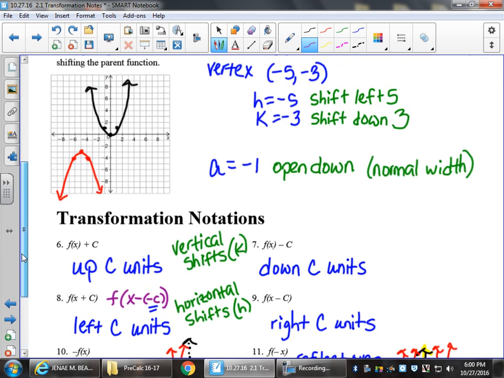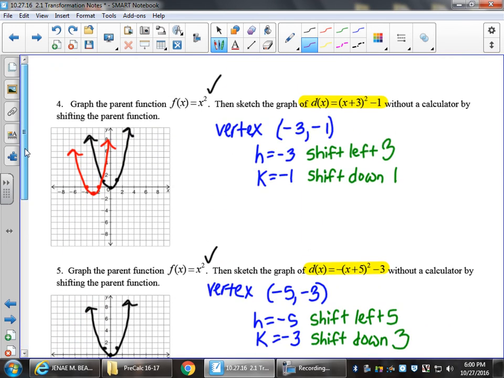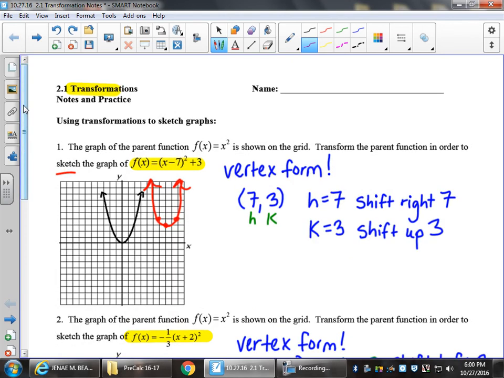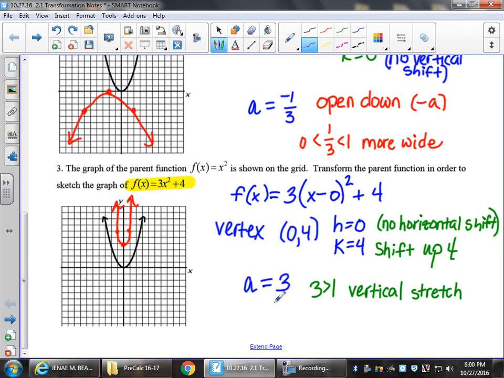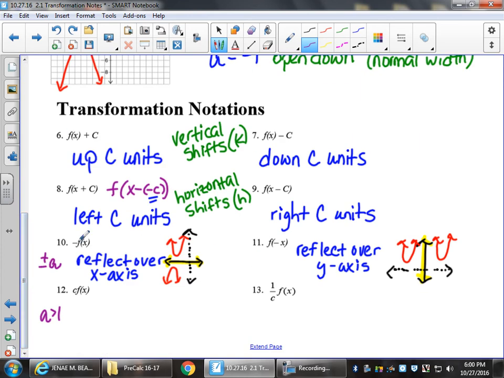Well, in our graphing examples, when A was greater than 1, that was a vertical stretch in number 3. Same concept applies here. Vertical stretch when A is greater than 1. More narrow.